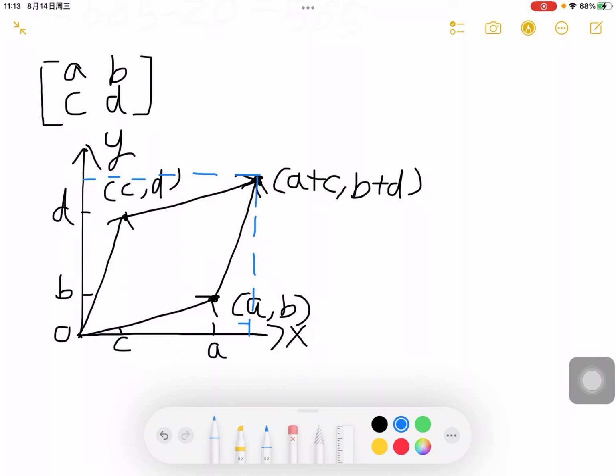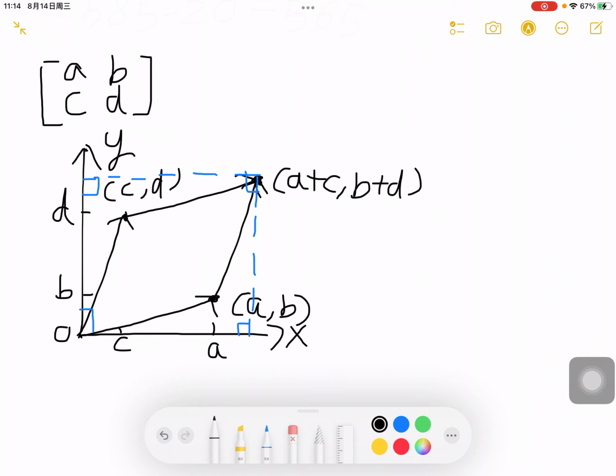Essentially what I decided to do is figure out the area of this rectangle, so the other two sides are on the x and y axis, and then I'll subtract the other areas that we don't need, and then we'll get the area of the parallelogram.